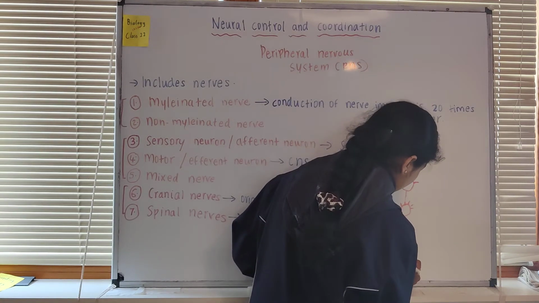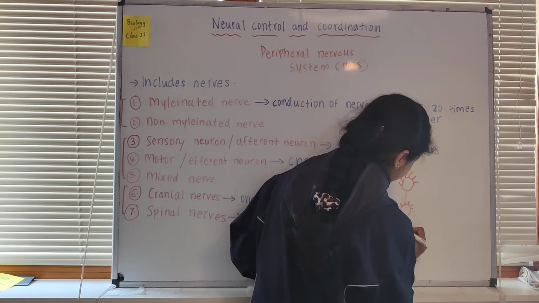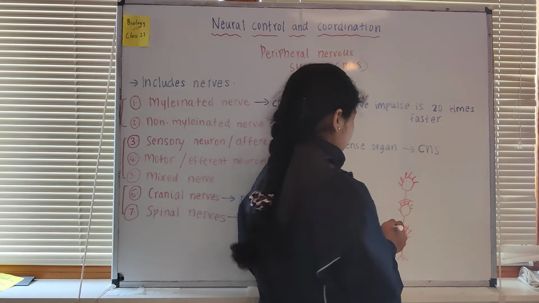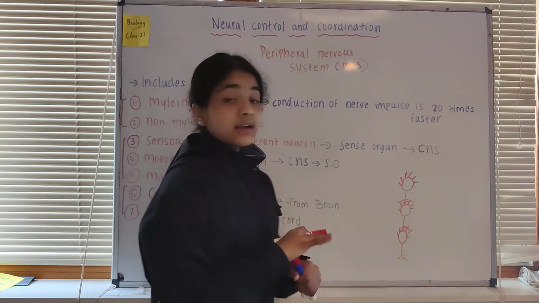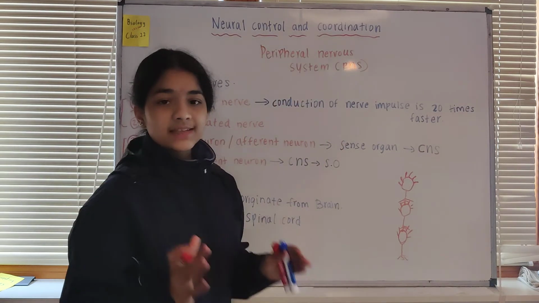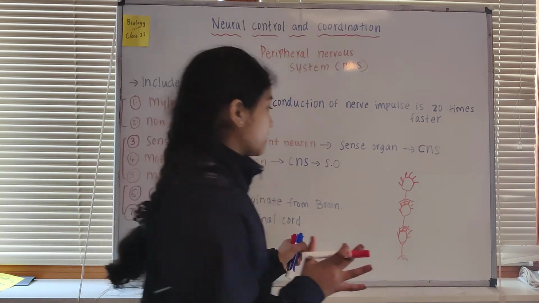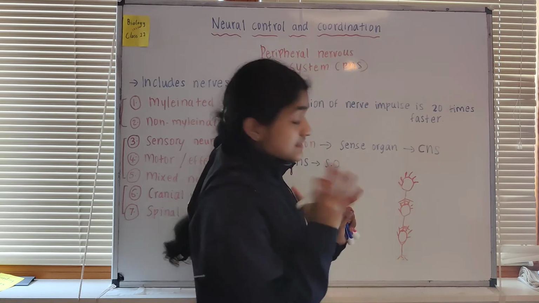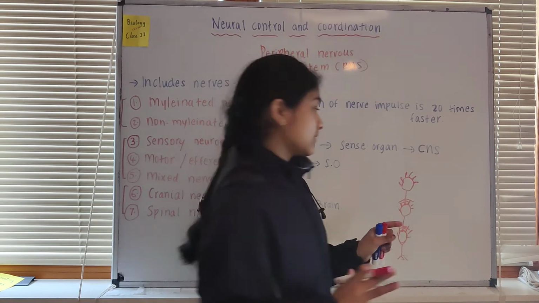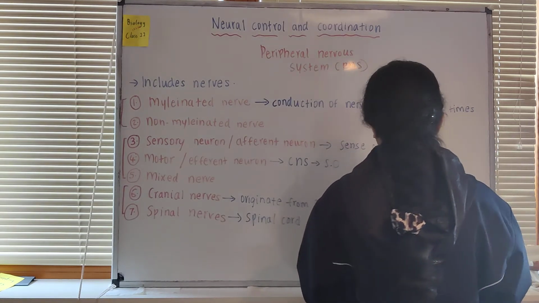So we can draw them here, somewhat like this. These are the neurons. Neurons are the basic units of the nervous system. They are little cell-like structures which are present all over the nervous system.